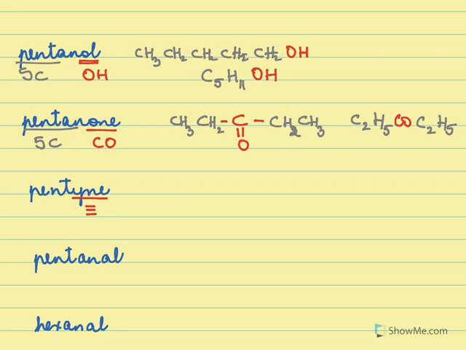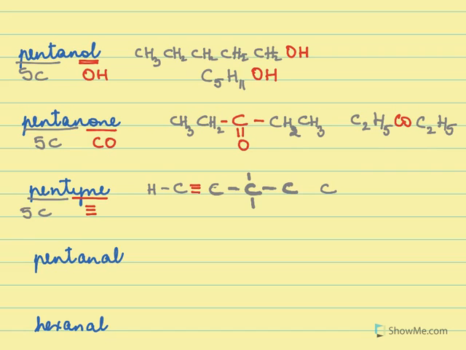Pentyne, YNE, means triple bond. Pent is 5 carbon. So we've got to make a long line of 5 carbons now. 1, 2, 3, 4, 5. And we need to put a triple bond. We can put it anywhere, but for now, to make things easier, we'll put it in the first place. So the first carbon now can hold only 1 hydrogen because 3 arms occupied. The second can hold none. This carbon can hold 1, 2, 3, 4.